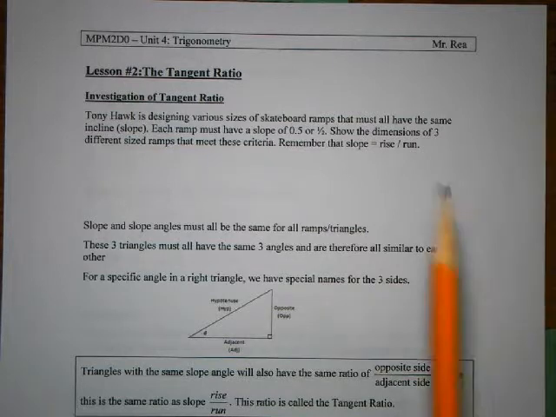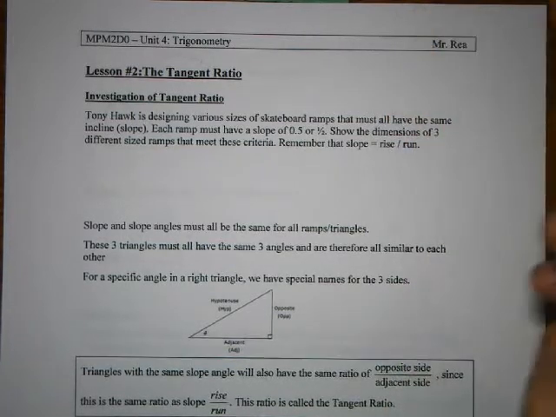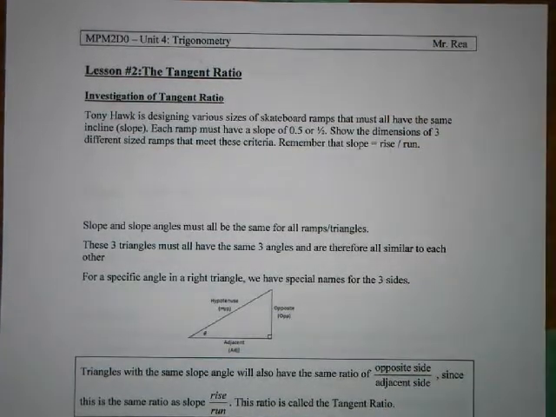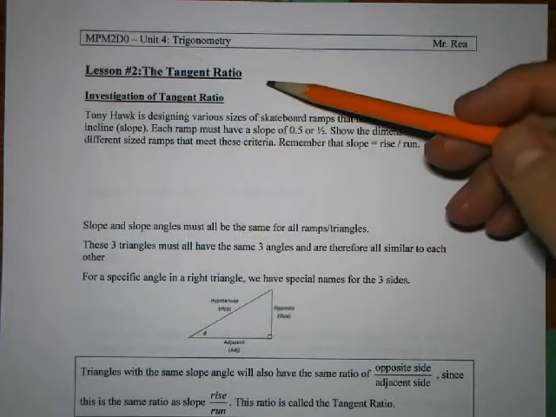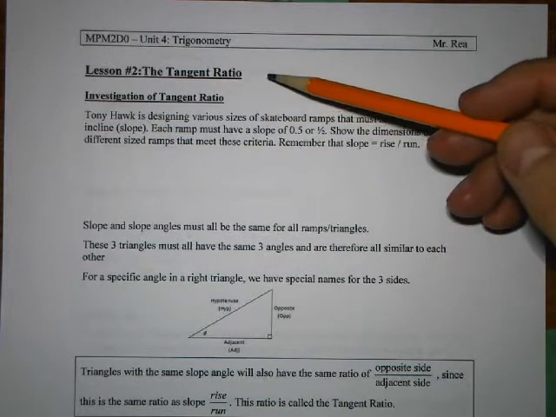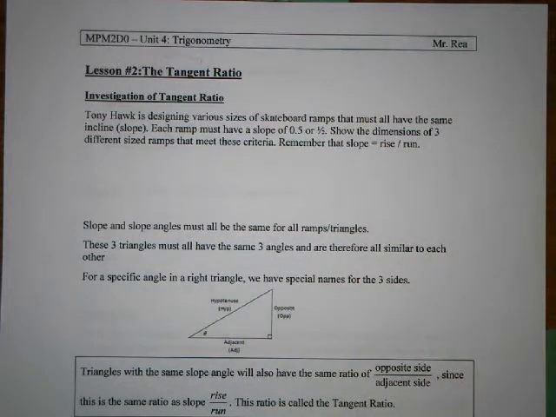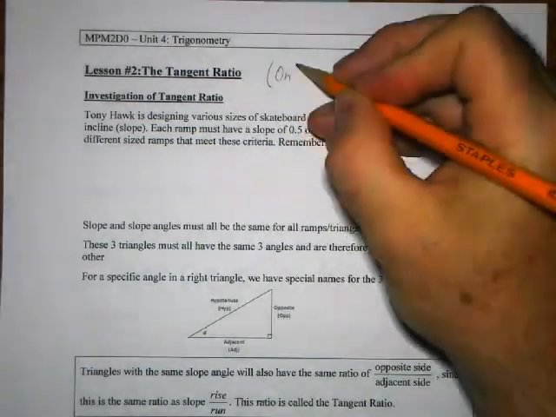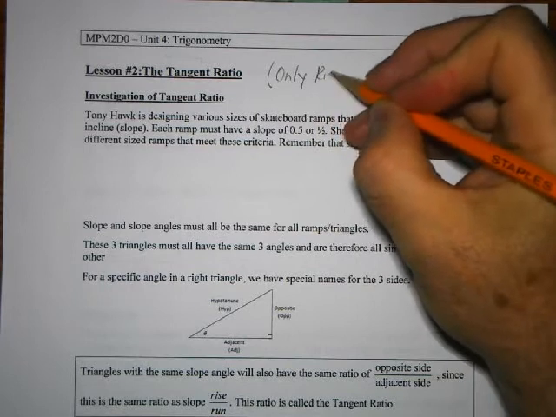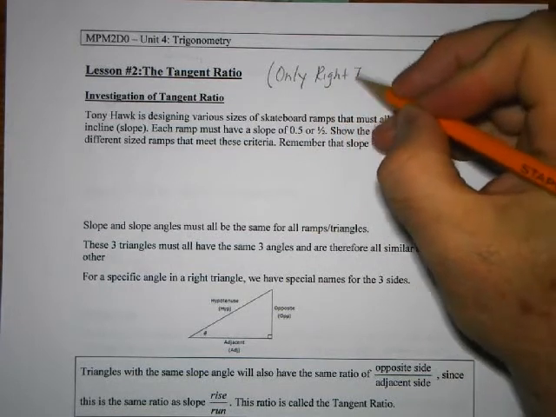Okay, so this lesson is called tangent ratio, which you'll find out why we're calling it that. But I just want to point out that when we're working on this lesson and the next couple of lessons after this, we're working with triangles that are only right triangles. So triangles that have a right angle.